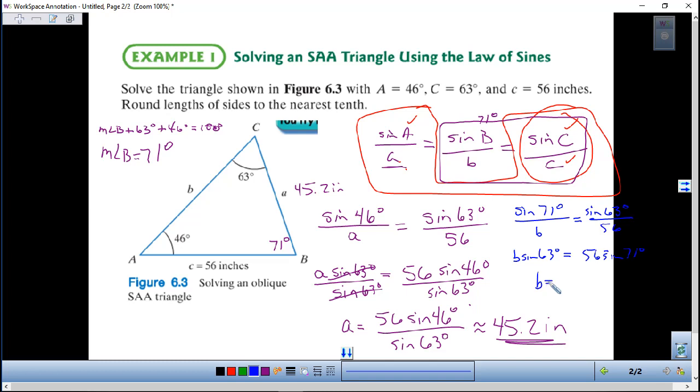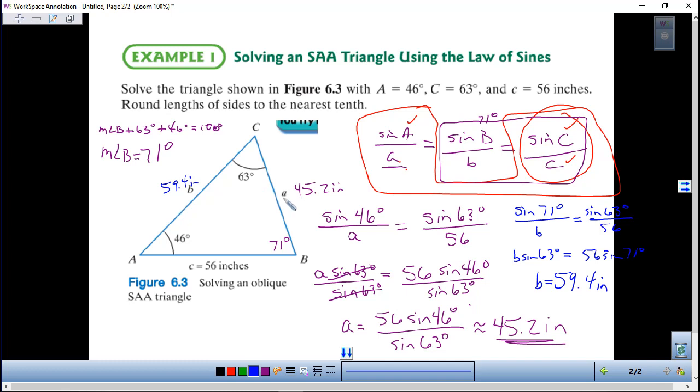And when I divide both sides by the sine of 63, for B, I'm going to get the length of 59.4. And once again, that's in inches. So I know that this is 45.2 inches, this is 56 inches given, and this is 59.4 inches.